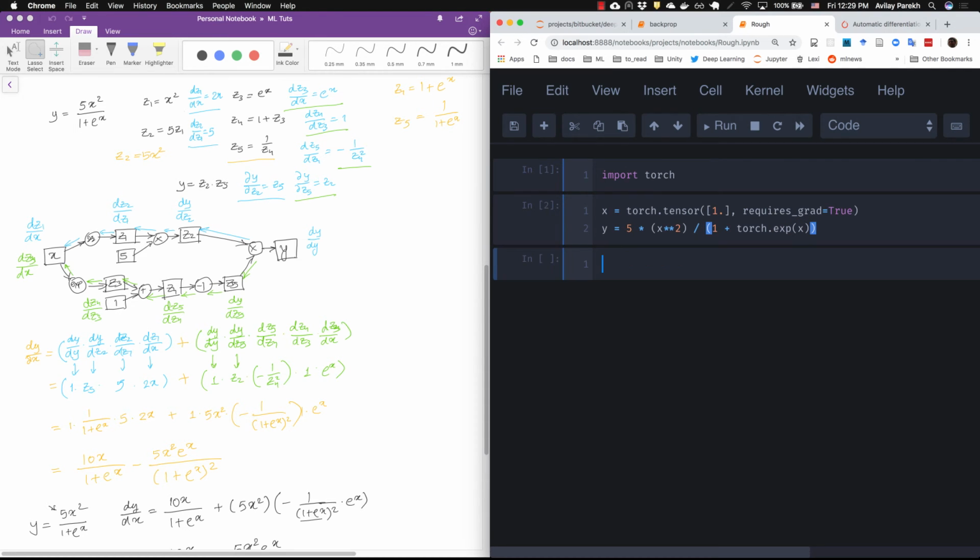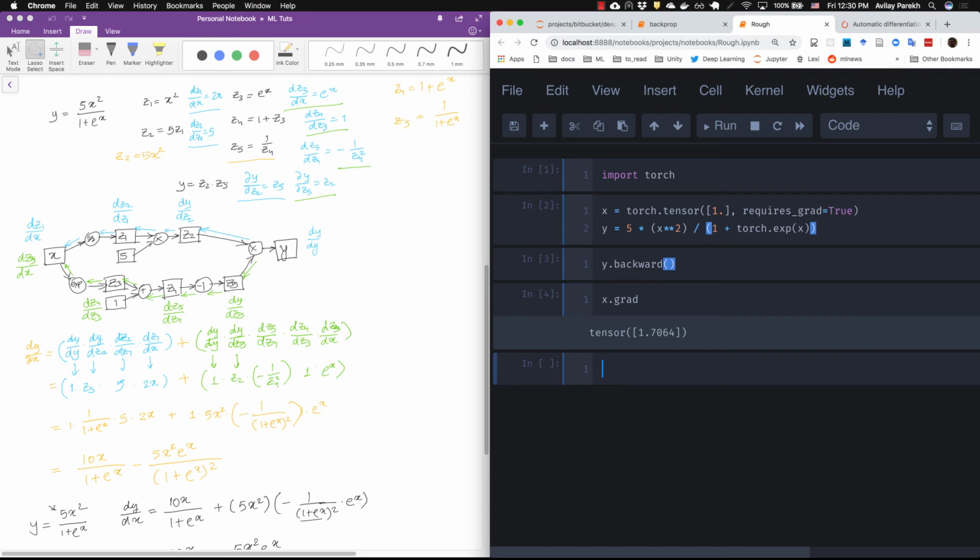As before, PyTorch computed the compute graph behind the scenes. We didn't have to do anything. And in order for it to create the backprop graph, we just call the backward method. And then the gradient of x is 1.7064.